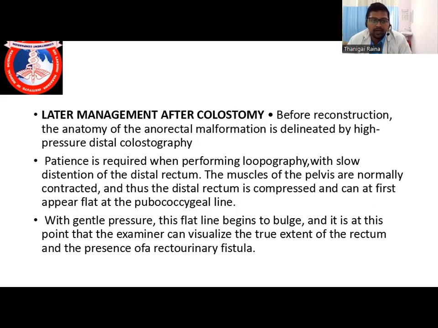Patience is required when performing the study, with slow distension of the distal rectum, so that the muscles of the pelvis are normally contracted and the distal rectum is compressed and appears as a flat line at the pubococcygeal line. With gentle pressure, this flat line begins to bulge, and it is at this point that the examiner can visualize the true extent of the rectum and the presence of a rectourinary fistula.